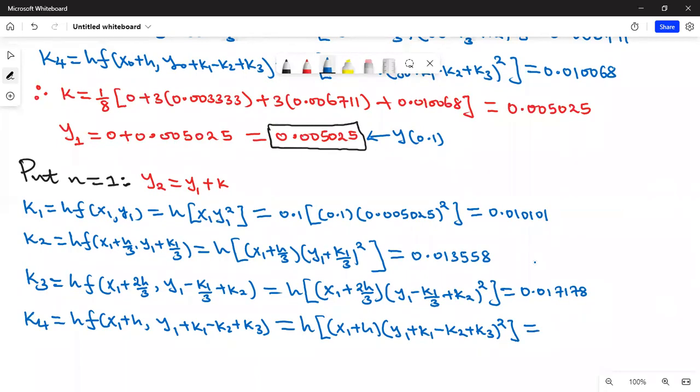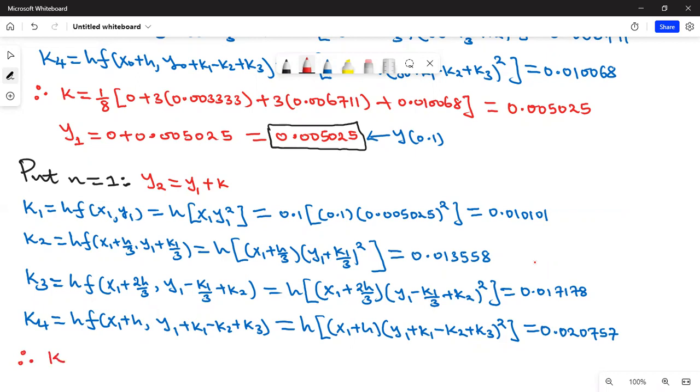Substitute the values of x1, y1, h, k1, k2, and k3, and press in your calculator. That should give you the value of k4 to be 0.020757. Now with this, we can find the value of k.